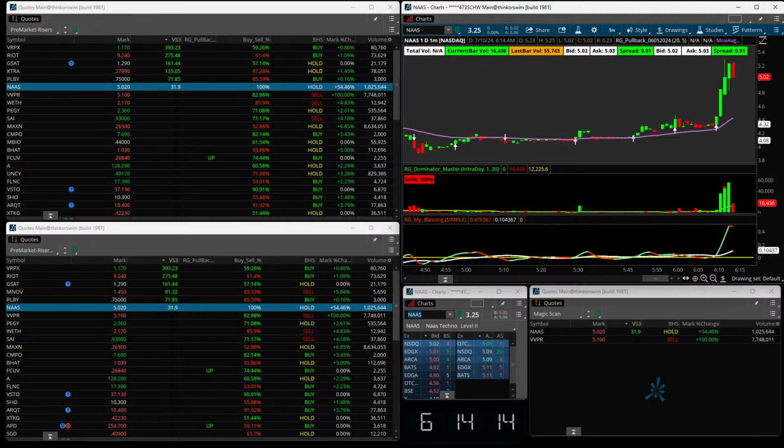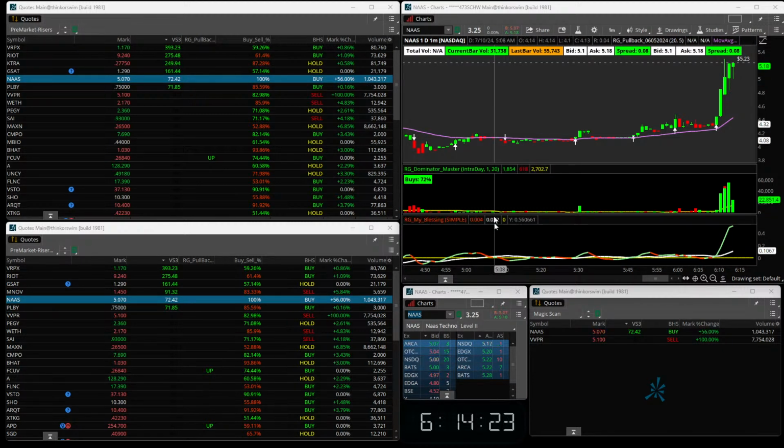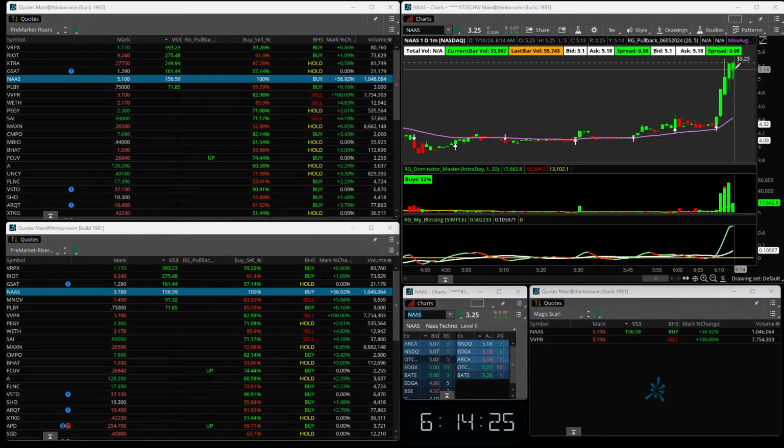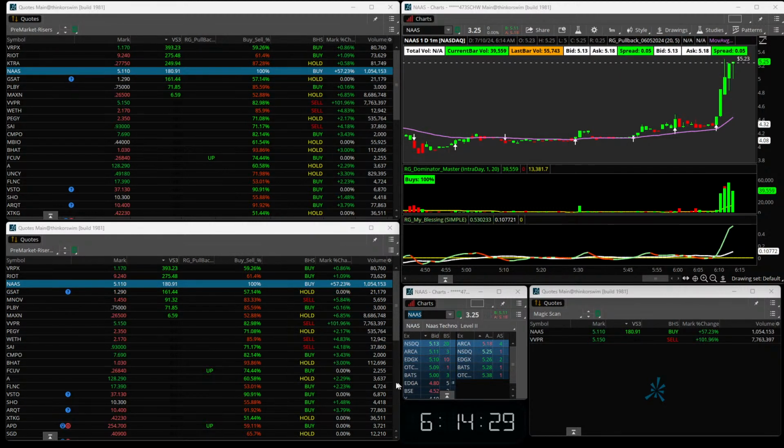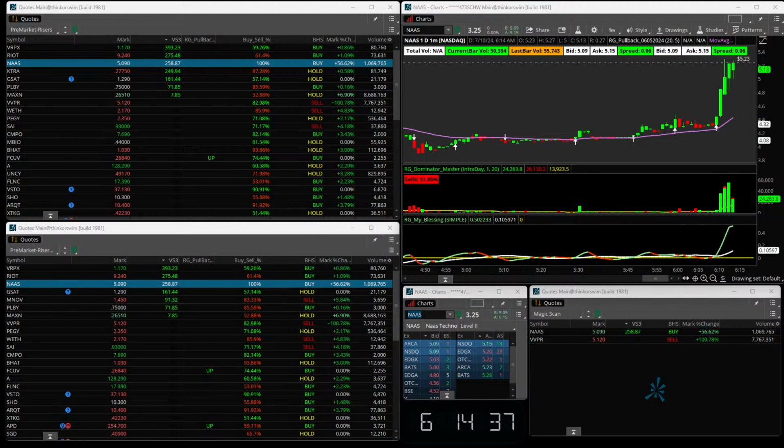Let's see if we get the pullback here. There is the resistance level. I will mark support when this red candle stops pulling back. If you see a long wick on the bottom of this candle, that means the buyers are going to push it back up. And we may see more gains here. They tried unsuccessfully. Need to break that 523 level.